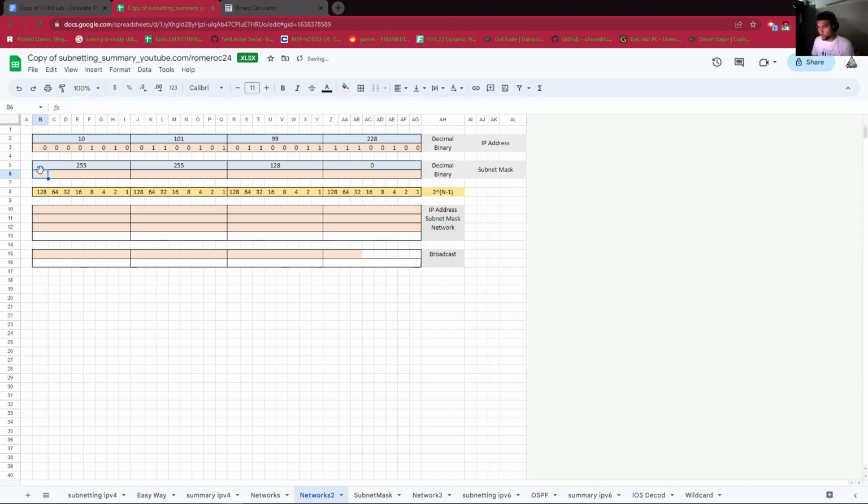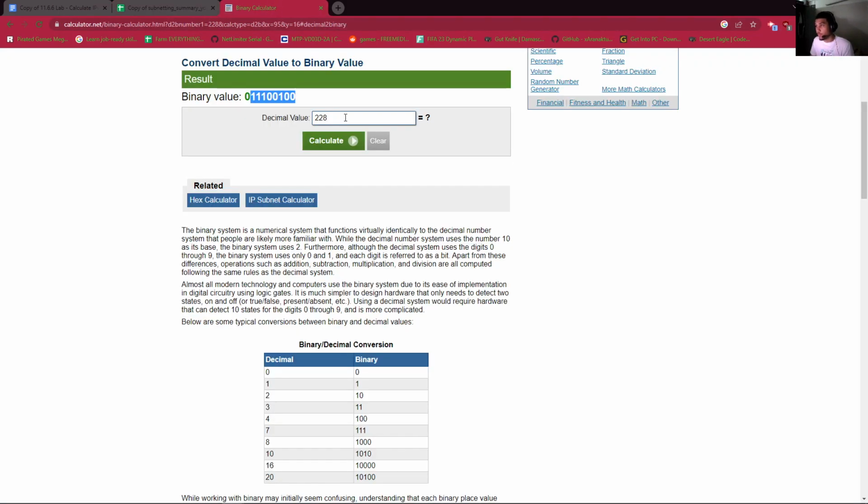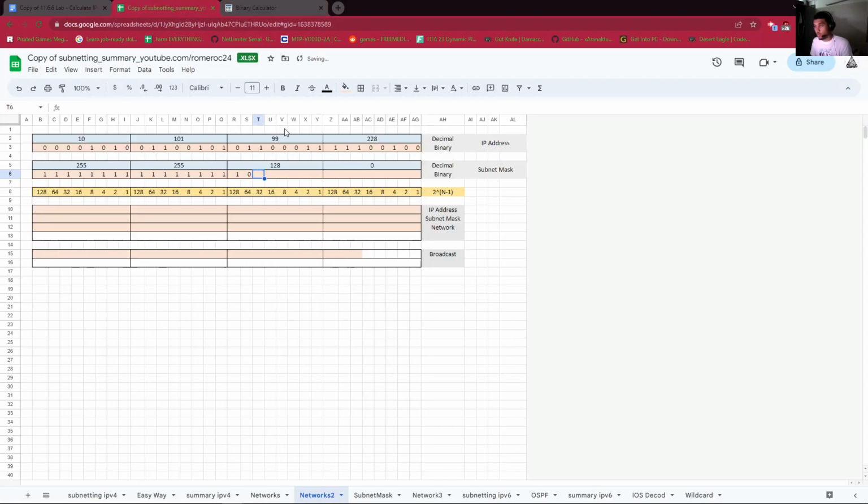So change it into binary. 255, once again, is all 1s. 128 we change to get 1 followed by 0s, and 0 is 0. What we do next is we copy the binary for the IP address, put right here, and copy the binary for the subnet mask, put right here.